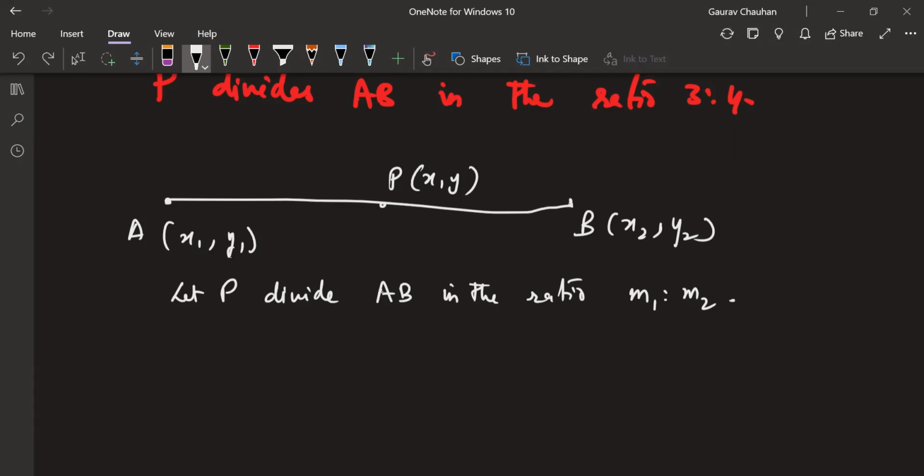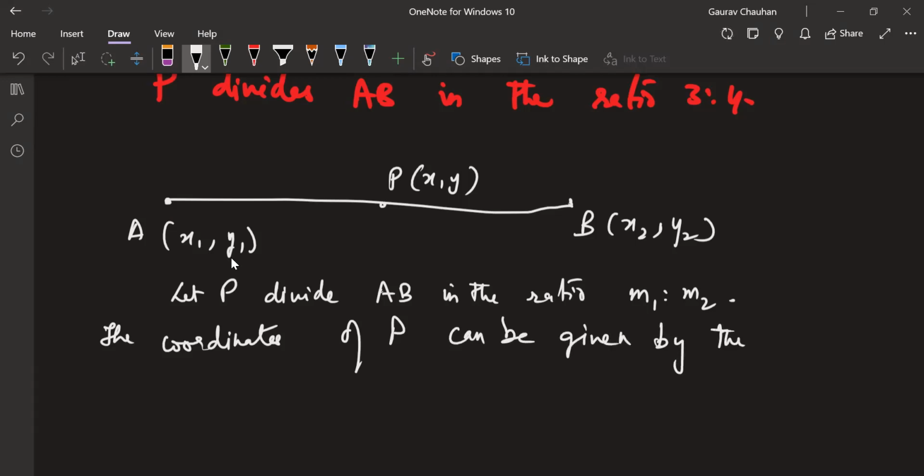Now the section formula will actually help us find P. The section formula to help us find P: we can say the coordinates of P can be given by the formula. Watch carefully. There's a pattern in how I'm writing, so it will be very easy to learn by heart. I'm going to write m1 x2 plus m2 x1.